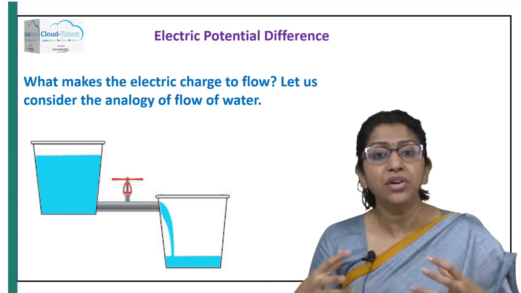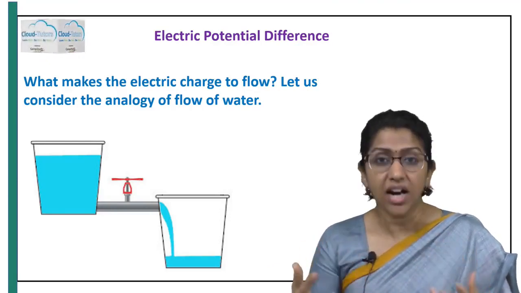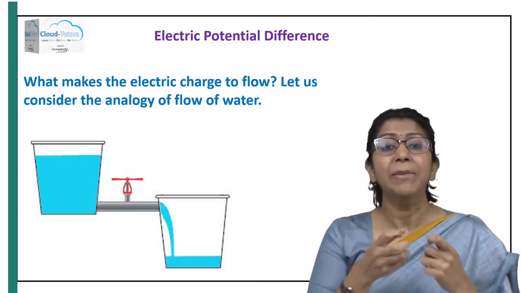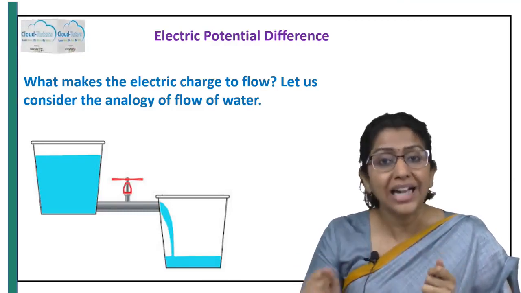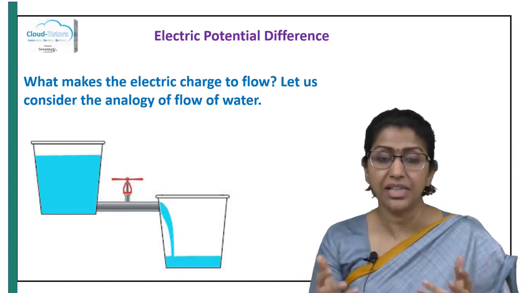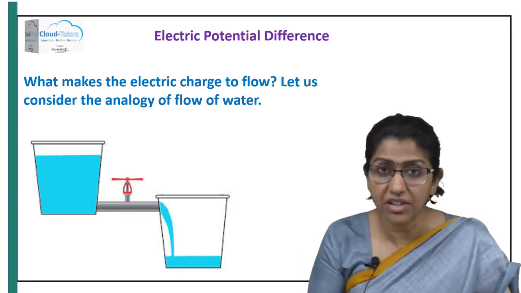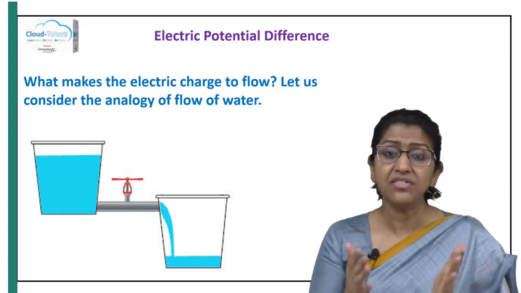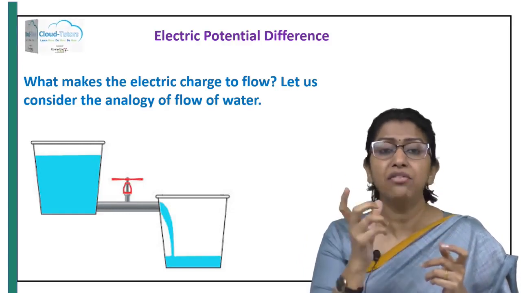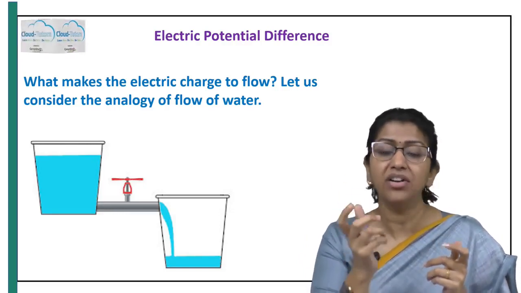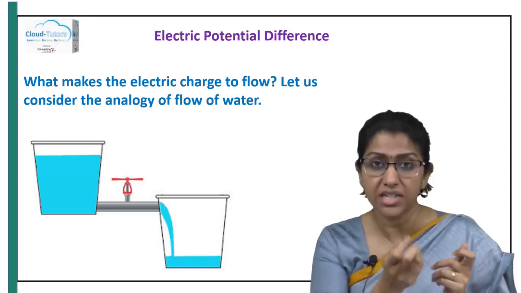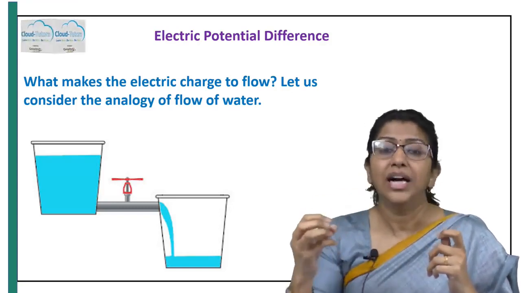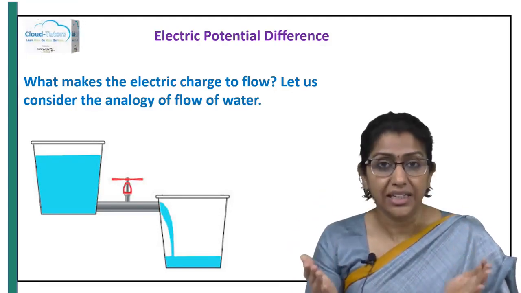The amount of work done on a given positive unit charge to make it move from one place to another in a given circuit is called potential difference. What is this potential difference? It is the amount of work that needs to be done on a unit positive charge to move it from one point to another in a given conductor.